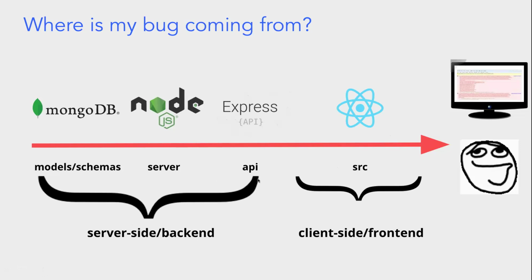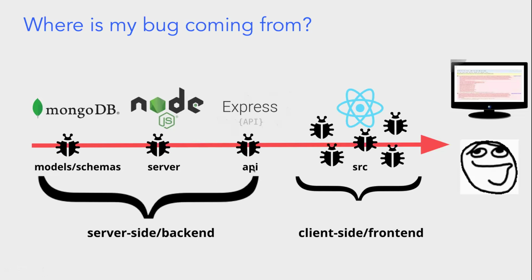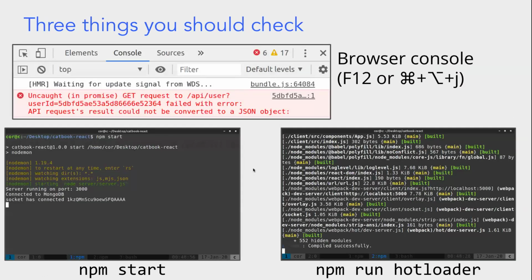And when you run into an error while debugging your web app, it's going to be either from the server side backend or client side front end. And that's one of the first things you want to figure out. Is this a server side backend bug or a client side front end bug? So some things you should check are the browser console. If you see an error when you open up the browser console, when you open your web app in your browser, of course, using F12, this means that there's likely an issue with your front-end React code.